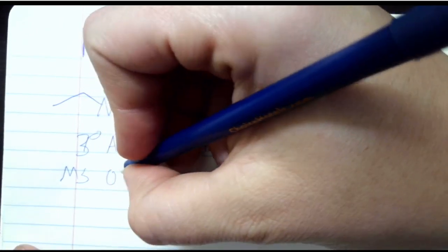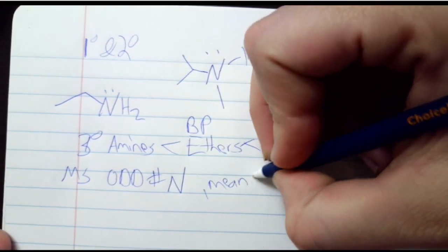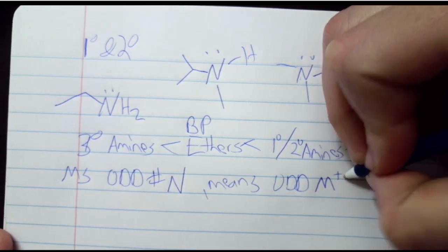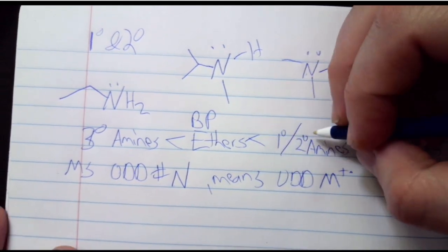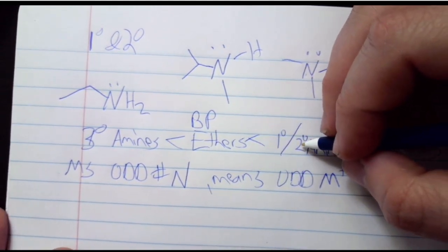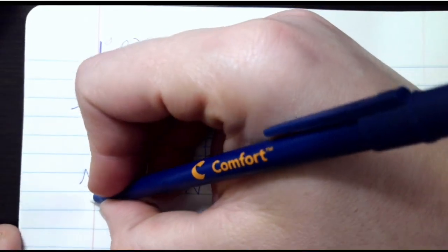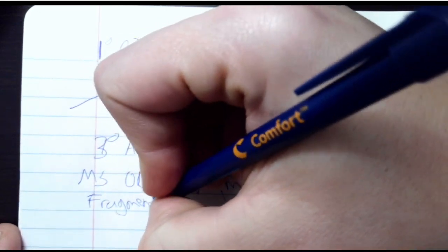Remember, when we talk about spectroscopic rules, mass spec, an odd number of nitrogens means an odd M plus dot peak. So the first peak you should see in the spectra is almost always even. Every fragmentation, all the fragmentations are odd.